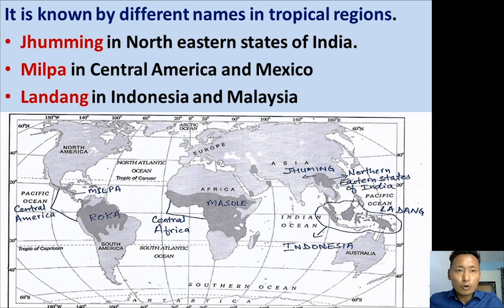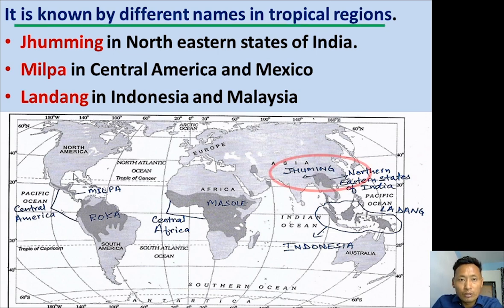The common names for shifting agriculture are primitive subsistence agriculture, shifting agriculture, and slash and burn agriculture. But it is known by different names in different tropical regions of the world. Tropical region means in between the Tropic of Cancer and the Tropic of Capricorn.